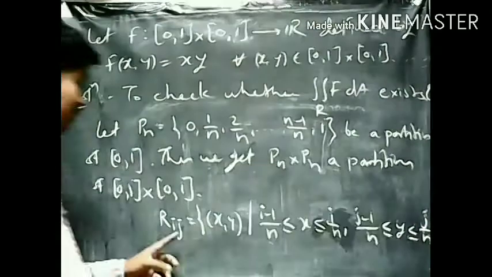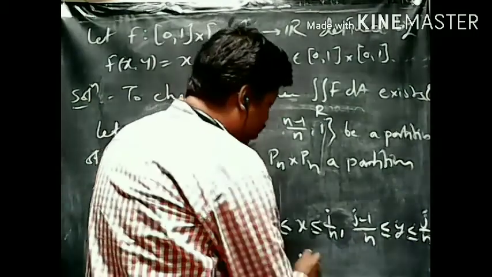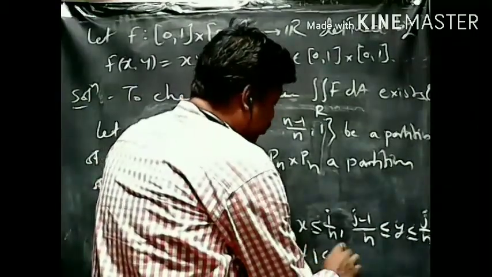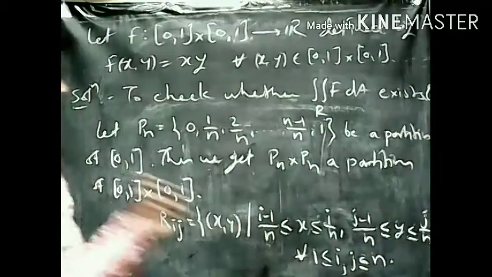That is how the ij subrectangle Rij will look, and this is defined for all 1 ≤ i, j ≤ n.